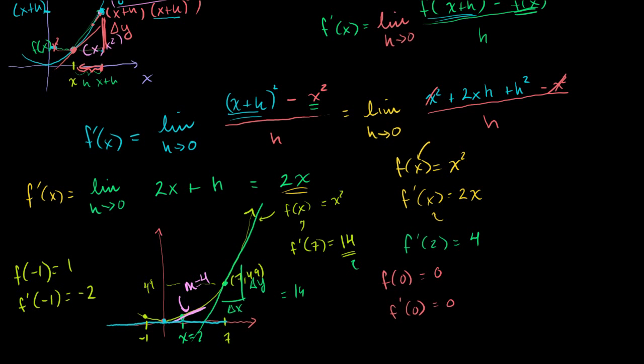What does that mean? It means that the slope of the tangent line to this curve, to the function, at x is equal to minus 1 is minus 2. So if I were to draw the tangent line here, it looks like that. And look, it is a downward sloping line. It makes sense. The slope here is equal to minus 2.